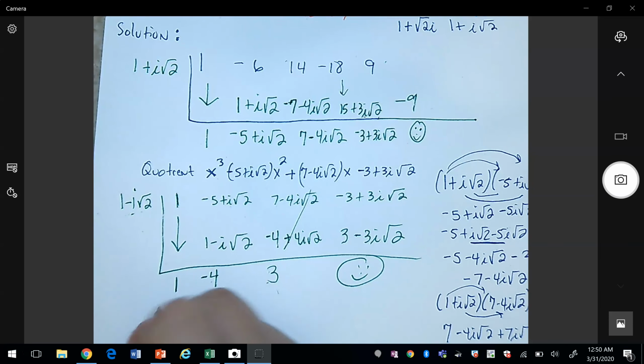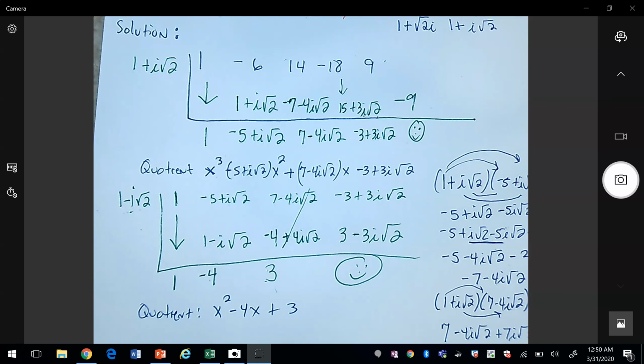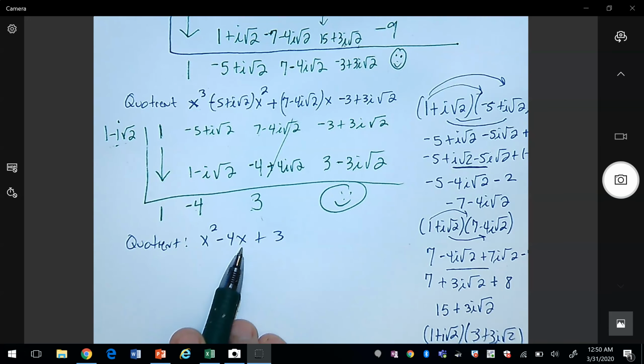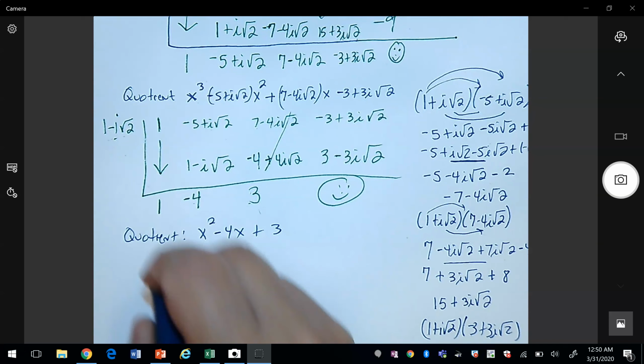And so the quotient that is left is going to be x squared minus 4x plus 3. And so by doing synthetic division, this is going to be a quadratic. And so now we have options. You can use the quadratic formula, or you can try to factor.